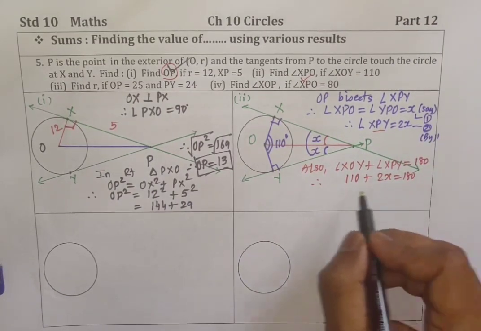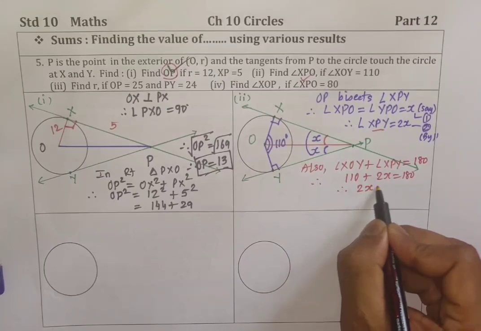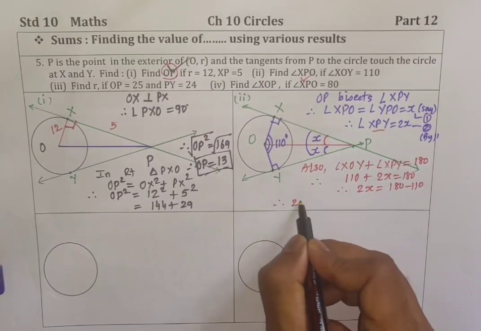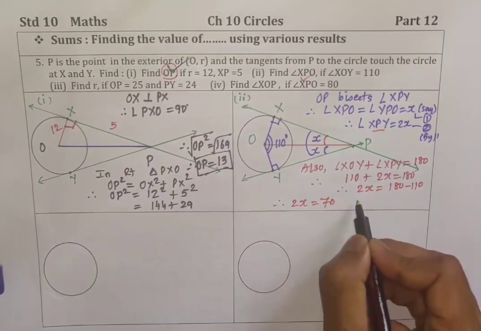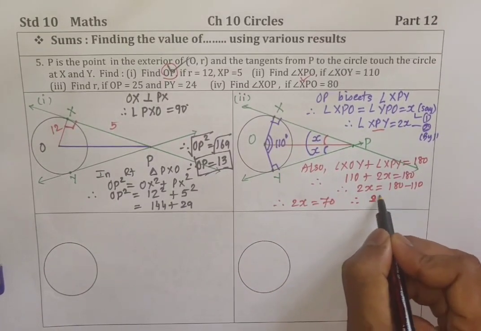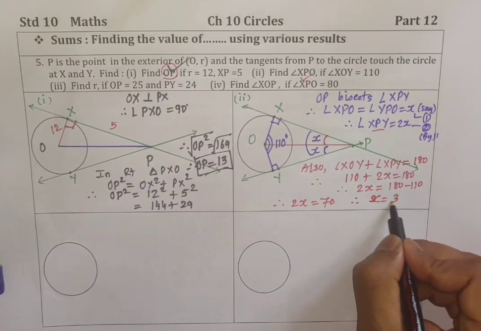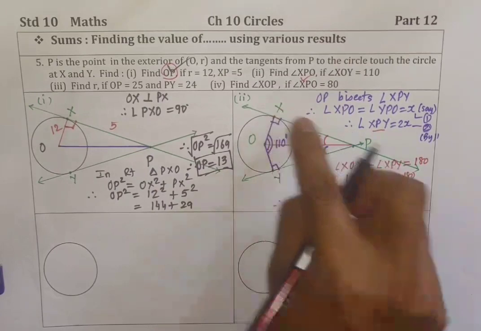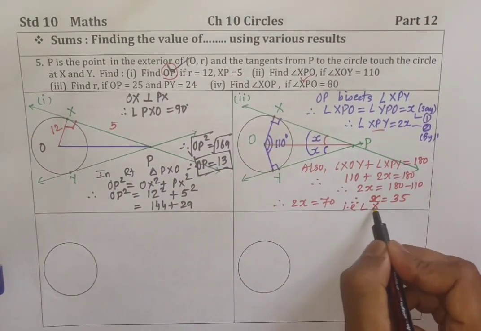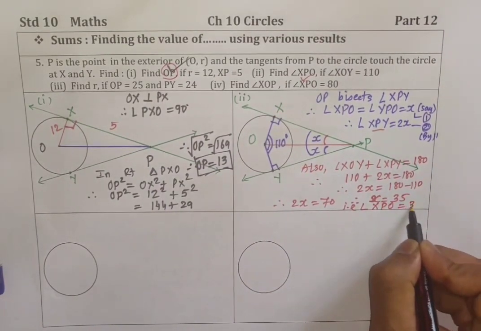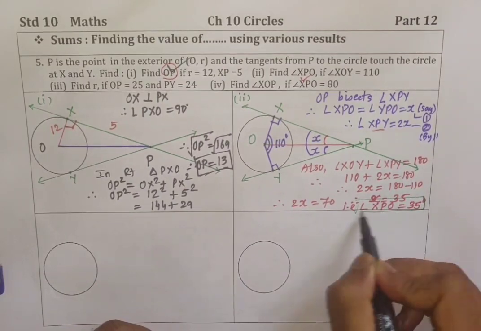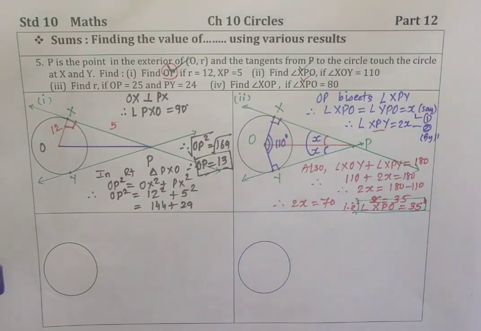Therefore, 2X is equal to 180 minus 110. Therefore, 2X is equal to 70. Therefore, X is equal to 35, i.e. angle XPO is equal to 35 degrees. Here you are. Got it, children? So that is angle XPO which you were supposed to find.